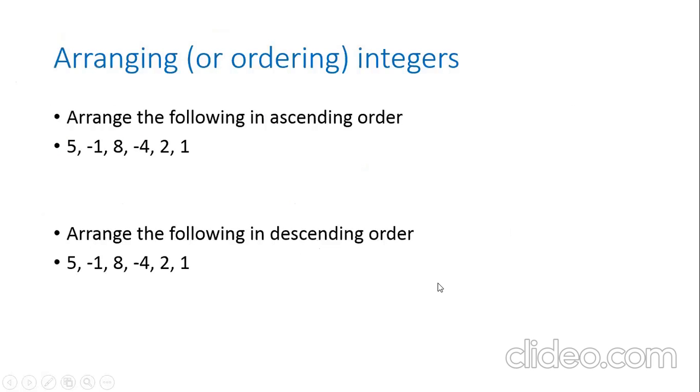Let's take an example. Arrange the following in ascending order. So we have 6 integers and we want to arrange them in ascending order. First of all, we have to see the negative integers and sort them. So we have here -1 and -4.